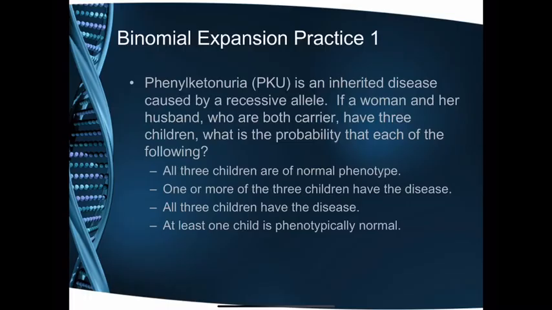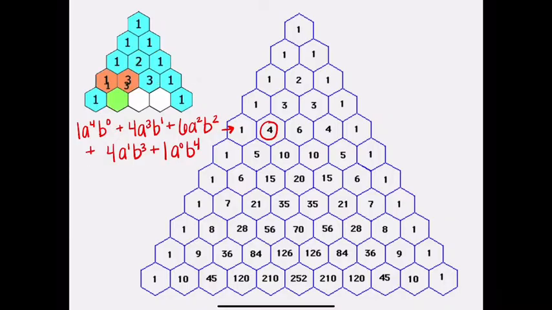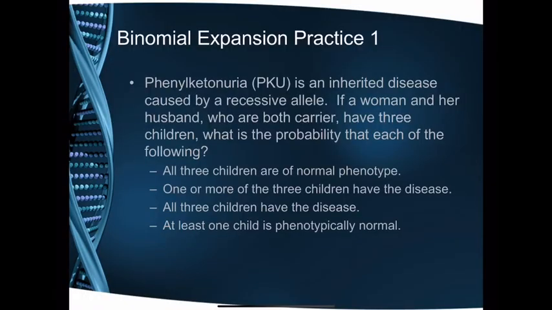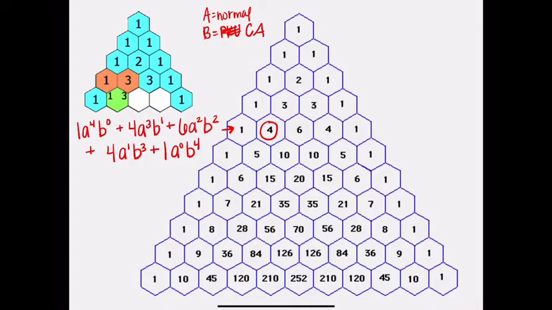Okay? Now we are looking for at least one child that is phenotypically normal. So let's say we're going to call A normal and B to have CA. At least one child, okay? So we want our A, our normal, to be at least 1 or bigger. So that's going to be all of these, okay?